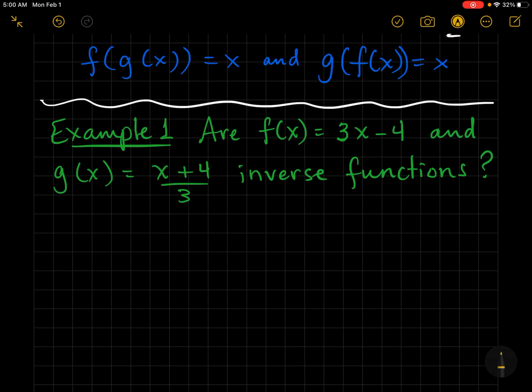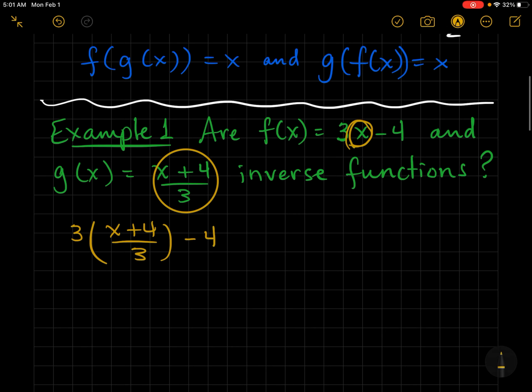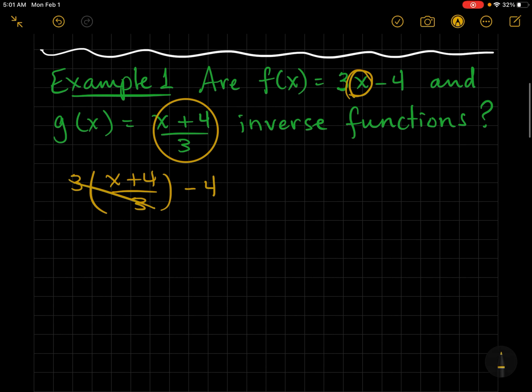So let's see if we take this function and insert the whole thing in for x, whether it unfolds and we just get x. So I'm going to take x plus 4 over 3, and I'm just putting it right here for x, and then subtract 4. Let's see if we simplify. Yep, we just get x.